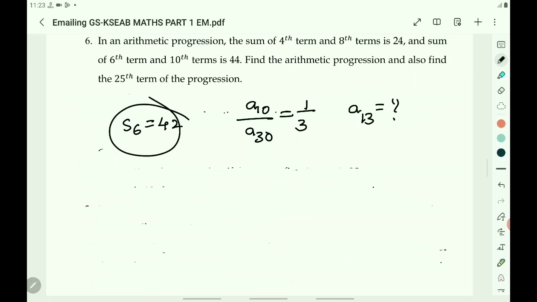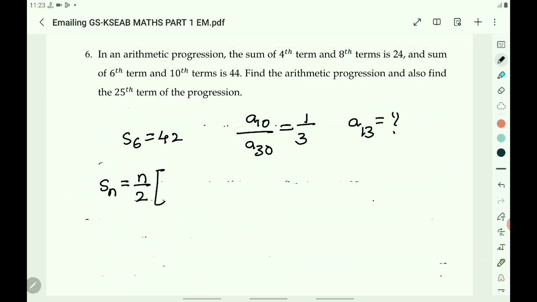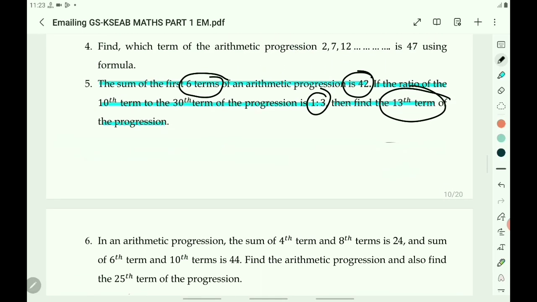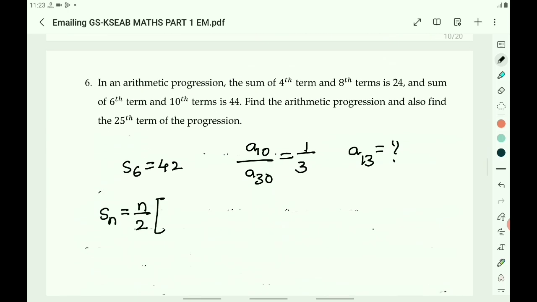S6 is given. Write the formula for Sn equals n/2 into, here the last term a6 is not given. In that case, use the formula with a, d, n: n/2 into 2a plus n minus 1 into d.